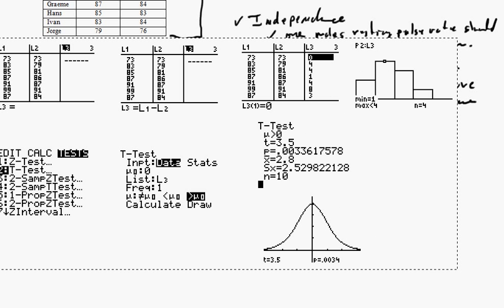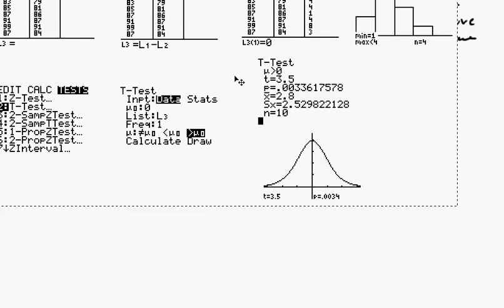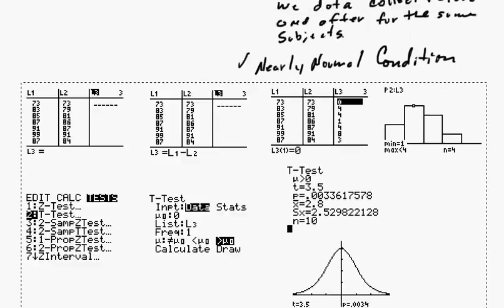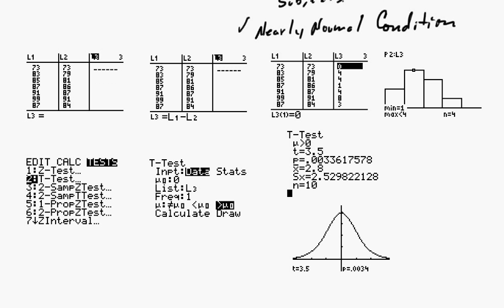Yeah, there we go. So let me go through these calculator commands with you. So I started with just putting the data, like I said, into L1 and L2. And then I put my cursor right here in the top and say L3 equals L1 minus L2. And then I get all the differences. So here they are. Okay, so these are my differences.